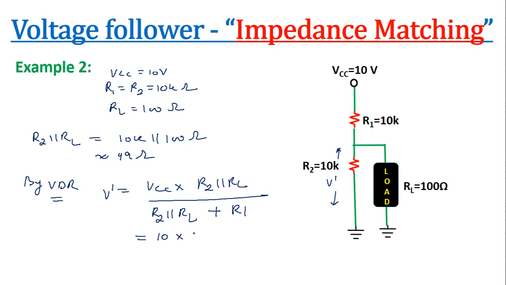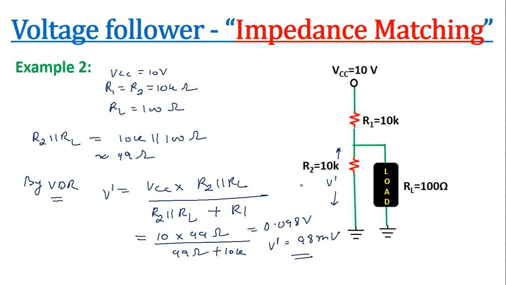So 10 into 99 ohm divided by 99 ohm plus 10k, which gives 0.098 volt. So V dash will be equal to 98 millivolt. So we got the voltage across R2 and RL as 98 millivolt.